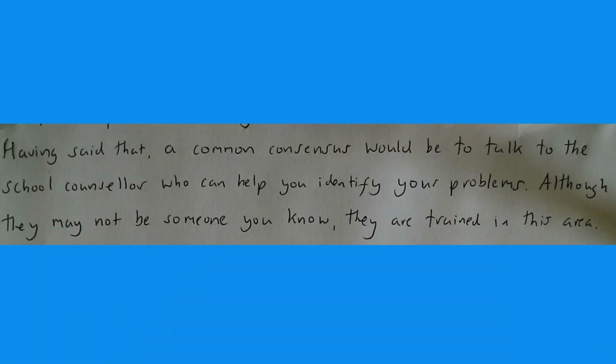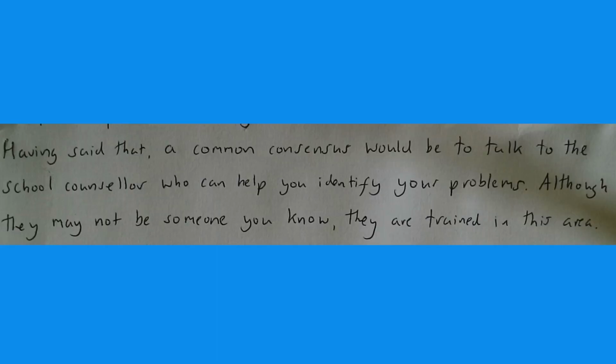But now look at it when we connect it a bit better. Having said that, a common consensus would be to talk to the school counsellor, who can help you identify your problems. Although they may not be someone you know, they are trained in this area. Do you see the difference? Although most of the language is the same, with just a few connecting devices, it reads much better.